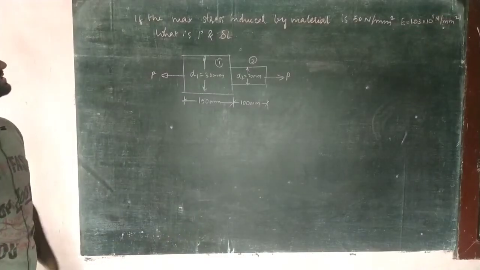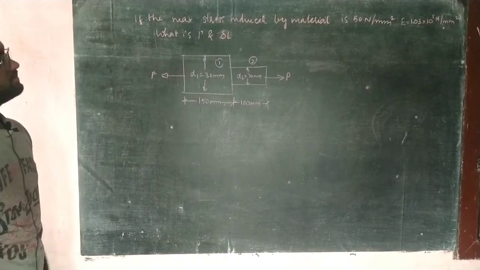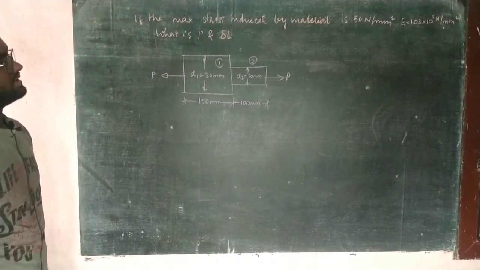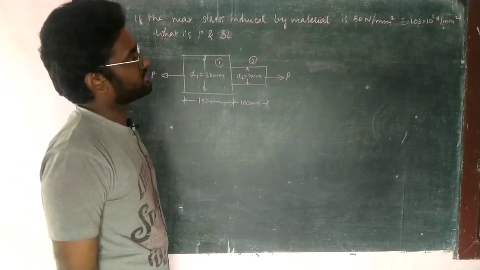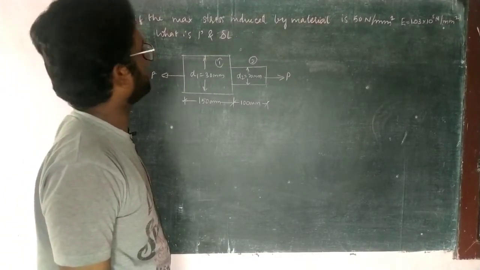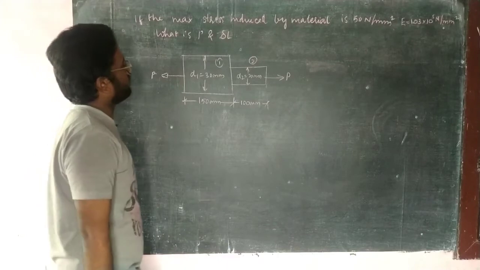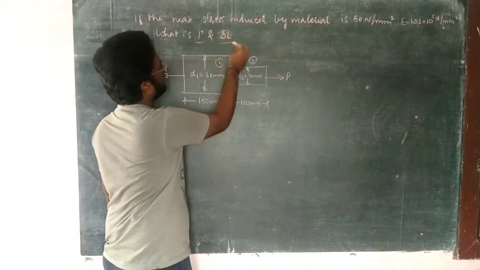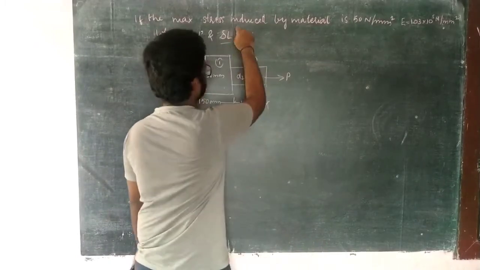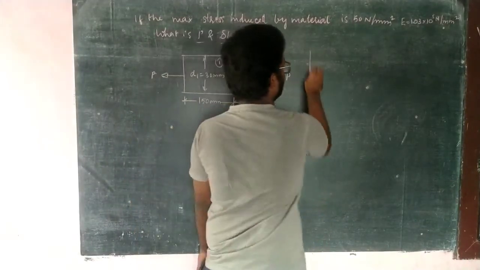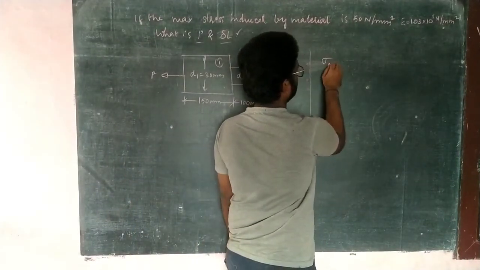If the maximum stress induced in the material is 50 Newton per mm square, and Young's modulus is 1.03 into 10 raised to 5 Newton per mm square, what is the load and what is the change in length, which is also called elongation? That we have to find out. Now let us write down the given quantities.